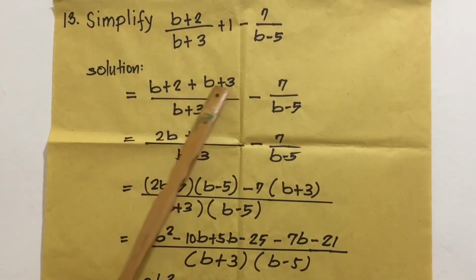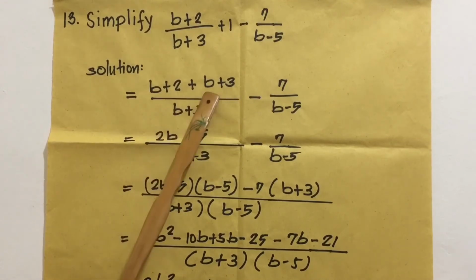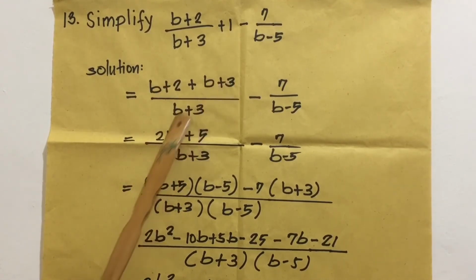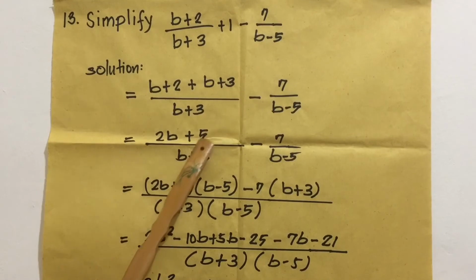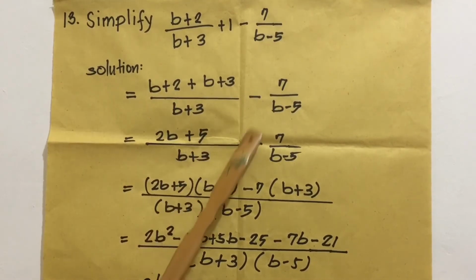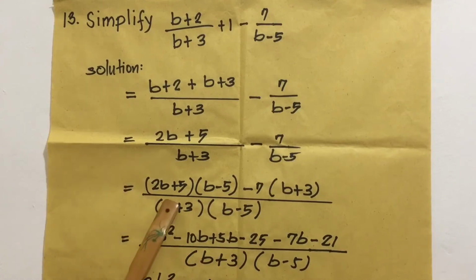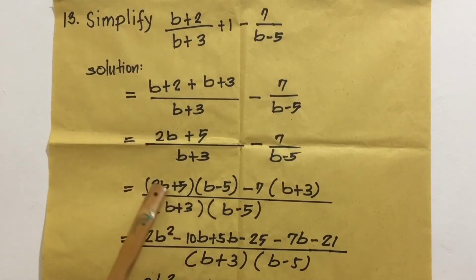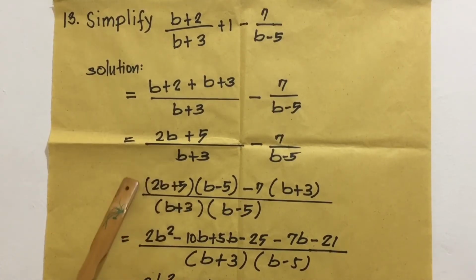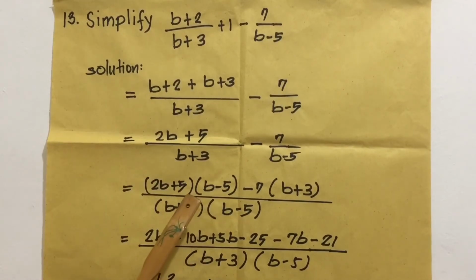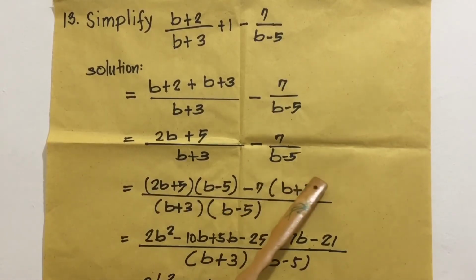Then next we're going to combine like terms of the numerator here. So b plus b equals 2b, 2 plus 3 equals 5, then copy the denominator, and copy also the second rational expression. And next we're going to divide the denominator b plus 3 by b negative 5.